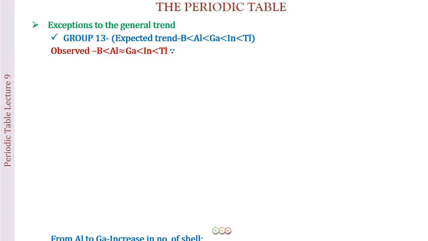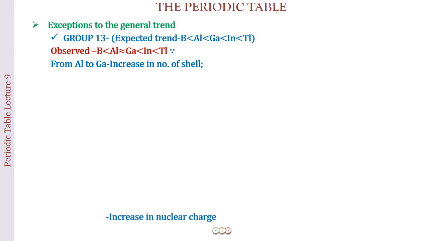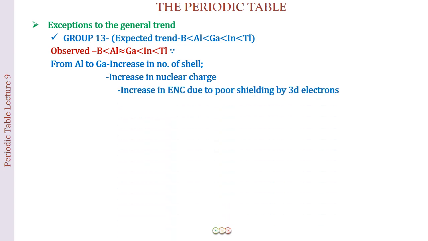Why is it so? Let us see our factors again. The first factor was the number of orbits. From aluminium to gallium, there is an increase in the number of shells. What about the nuclear charge? Yes, this is increasing. So for the normal trends, what we have discussed is happening. The change comes in the shielding effect. Why the change? Because now in the inner shells we have the 3d electrons in the case of gallium. These 3d electrons provide a poor shielding effect, so the value of the shielding constant is going to decrease.